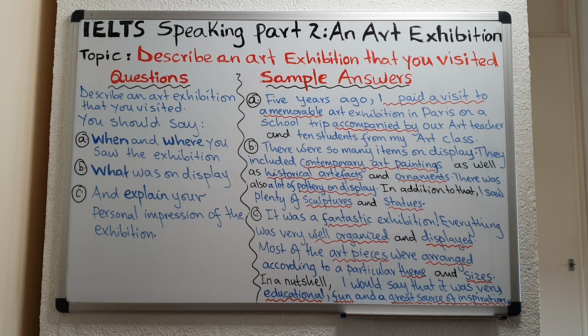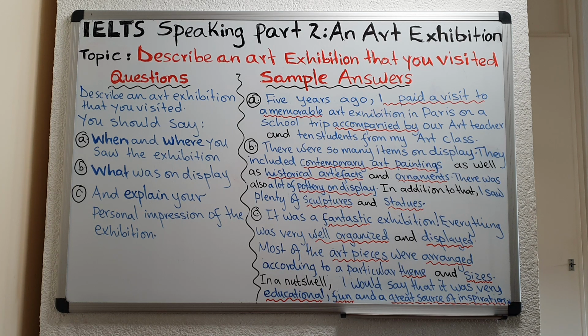In question B, what was on display? The verb is was. It is in the past tense. So your answers should also be in the past tense. There were so many items on display. Were, past tense. They included. Included is in the past tense.